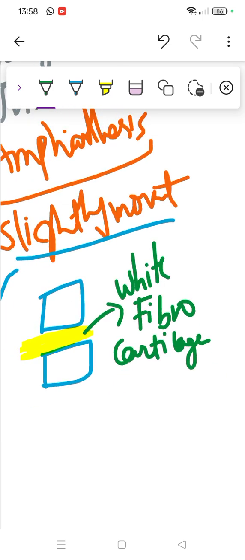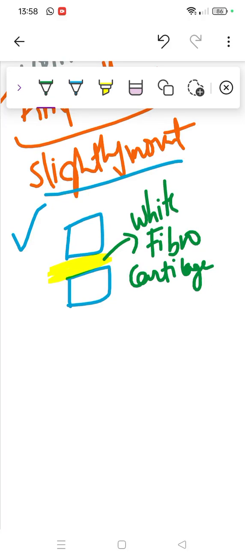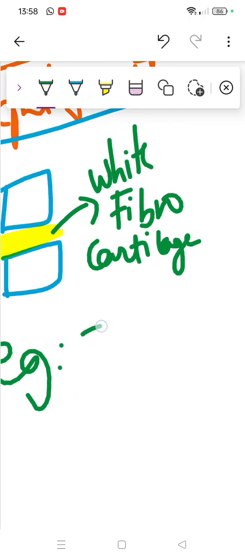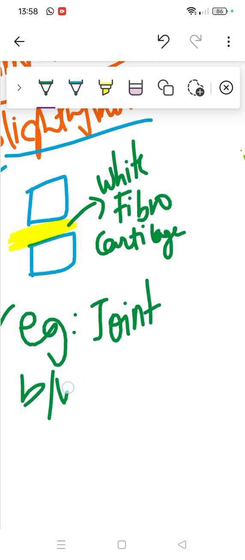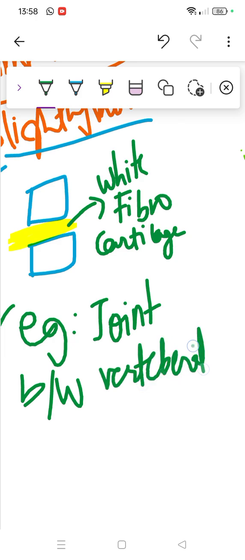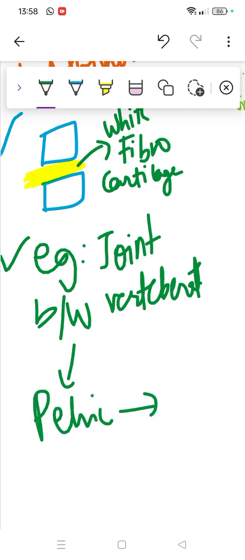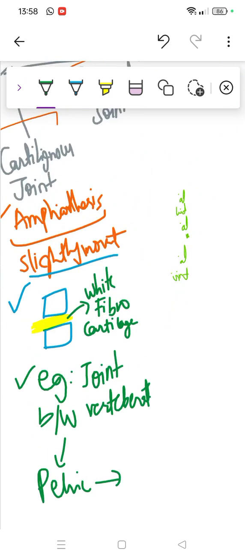They are quite strongly made and have slight movement. When we talk about the example, the joint between vertebrae is a cartilaginous joint. The example could also be the pelvic region. The joint between vertebrae is simply made up of cartilaginous tissue.